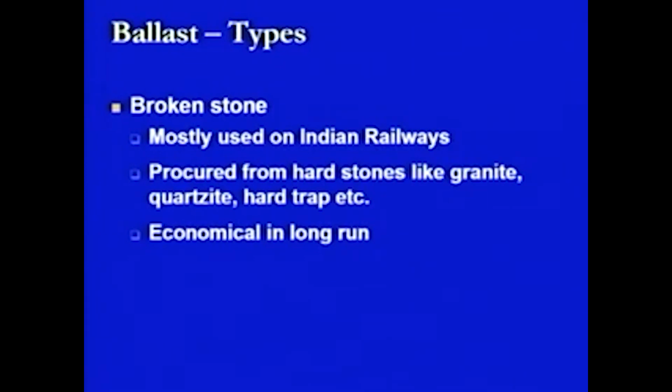That is why initially this material may have a higher cost, but as far as lifespan is concerned, they have a better lifespan because of their better properties. Therefore, if you take the total lifespan of the ballast material, it is going to be more economical compared to the other types of materials which can be used for ballast cushion.